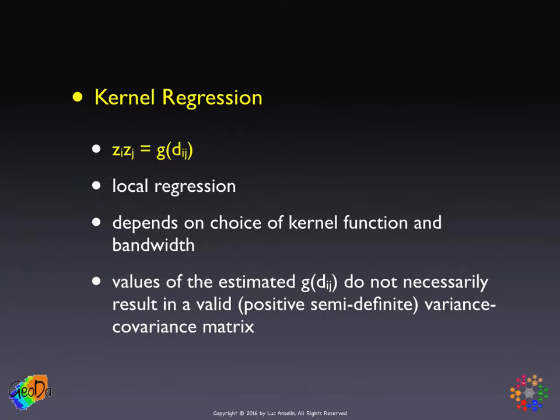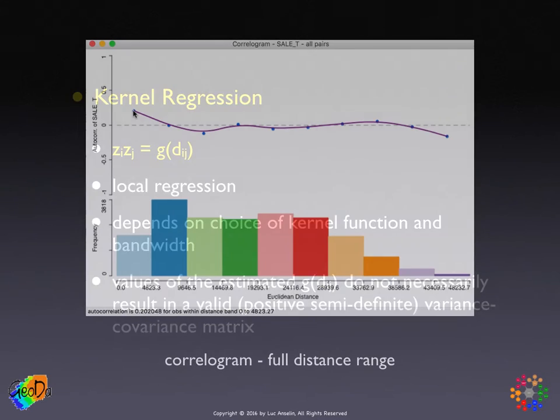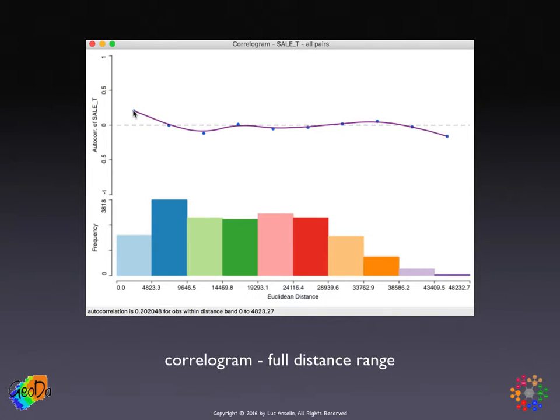So in practice, we have implemented this in GeoDa in a very simple form. There are many different practical decisions that have to be made to fit these curves. We'll go over that in the lab exercises, but it looks something like this. This is for the house prices again. We're taking the full distance range and we estimate these covariances in bins of distances.